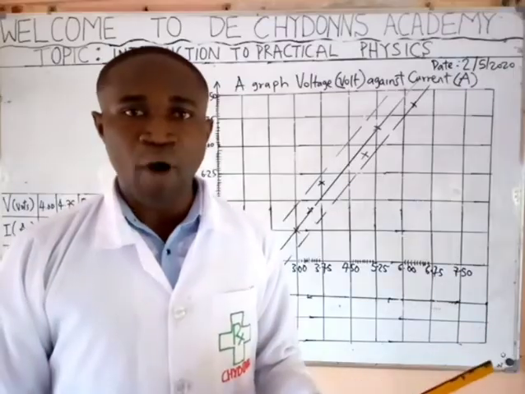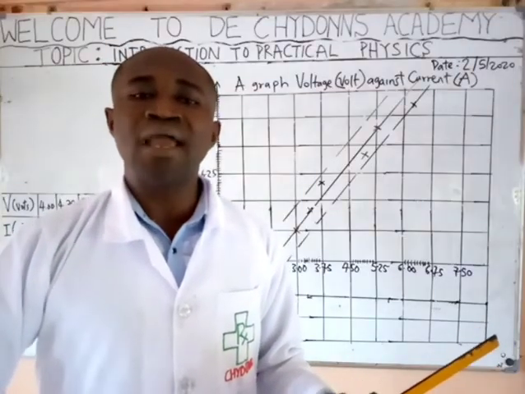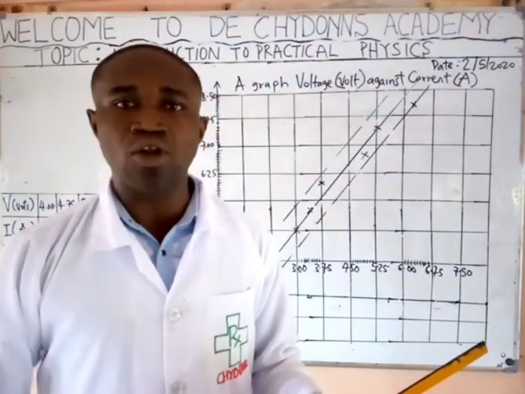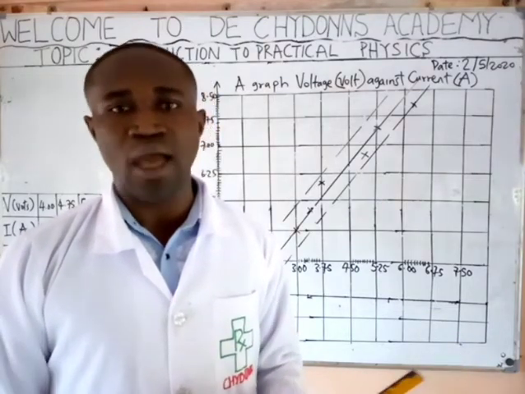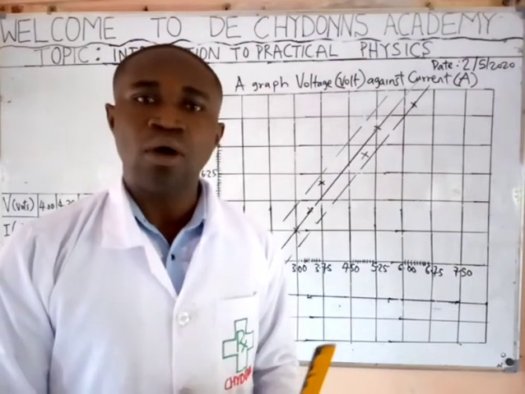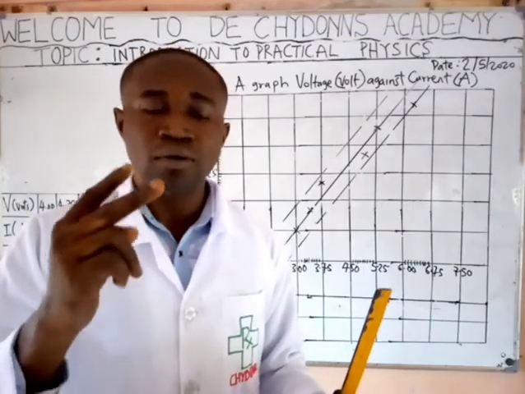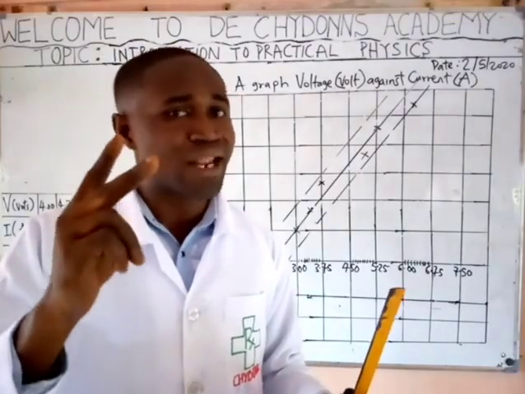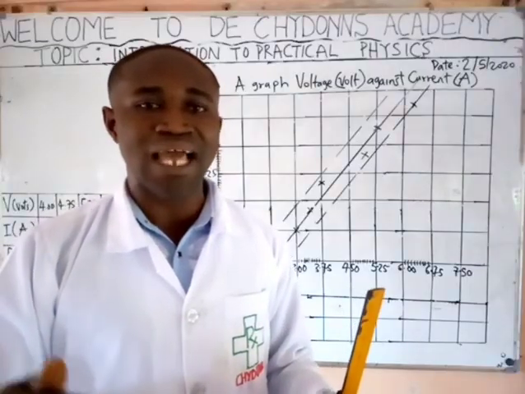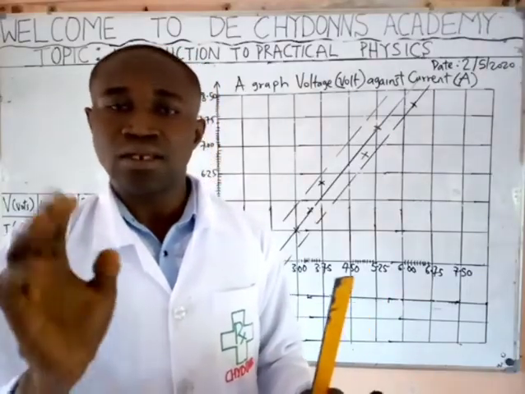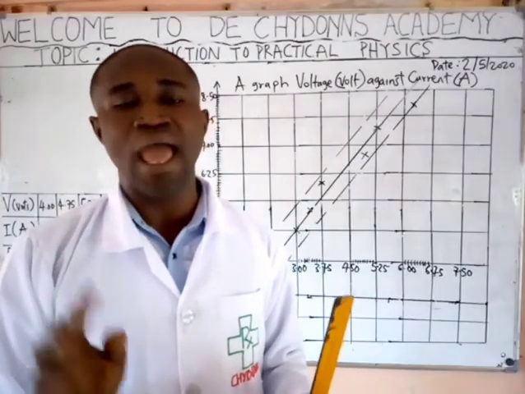But the main point is don't make too many mistakes. Just minimize your error, and we can do this by getting the reading 2 to 3 times and getting the average. When you do that, you will minimize the error.